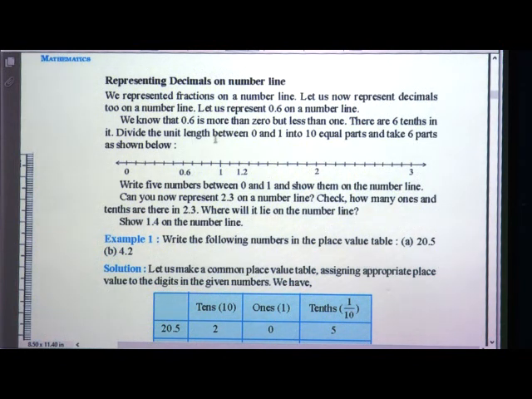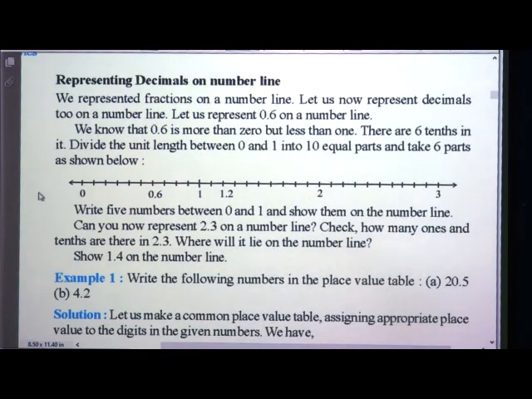Divide the unit length between 0 and 1. We know that 0, 1, 2, 3, and now from 0 to 1, how many equal parts do we have? 10 equal parts. So now we want to represent 0.6 on a number line. You can see here 10 equal parts, 1, 2, 3, 4, 5, 6, 7, 8, 9 and 10.